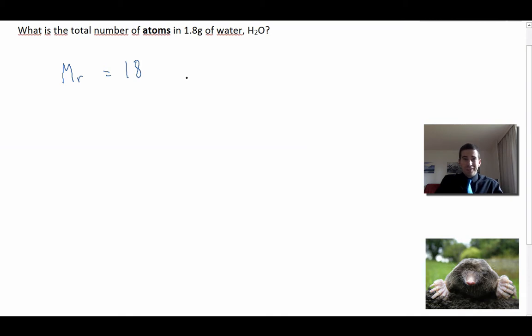So, you do not need a calculator to realize how many moles of water we have, because 1 mole would be equal to 18 grams. So the fact that we have 1.8 grams means we have 0.1 moles of water.